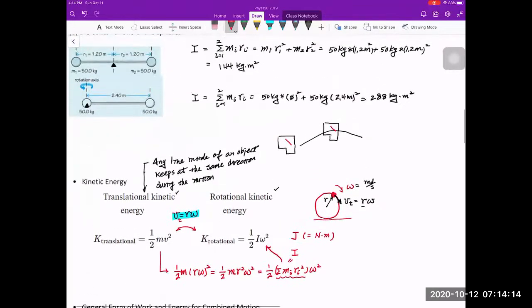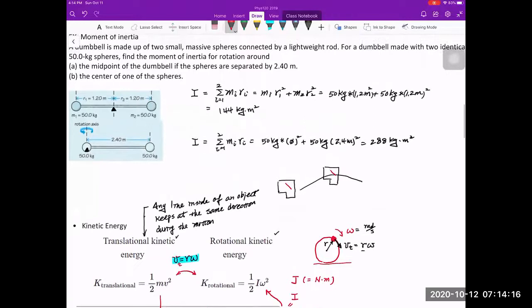Okay, so if I go back to here, can we also calculate the energy for each case? Well, certainly you could. You simply use the equation: the kinetic energy of the rotation is equal to 1/2 I omega squared.